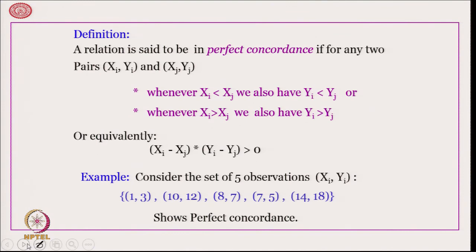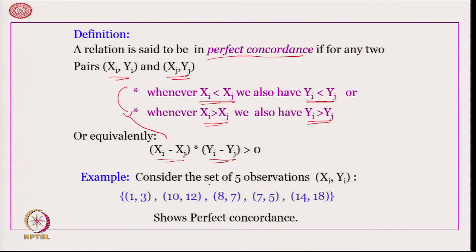So, by definition, a relation is said to be in perfect concordance if for any two pairs xi yi and xj yj, whenever xi is less than xj, we also have yi less than yj, or whenever xi is greater than xj, we also have yi greater than yj. Together we can write that xi minus xj multiplied by yi minus yj is greater than 0.